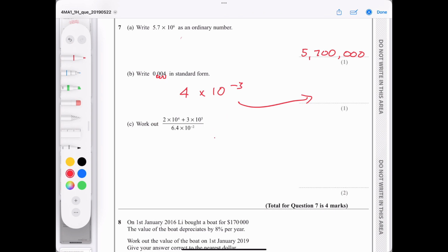So it says 2 times 10 to the power 4. So that's 2, 1, 2, 3, 4. So that's 20,000. Plus, I think that's going to be 300,000. So that's 320,000. So if we did 320,000 over... and that's not very nice. So that's 6.4. So that's 0.02.